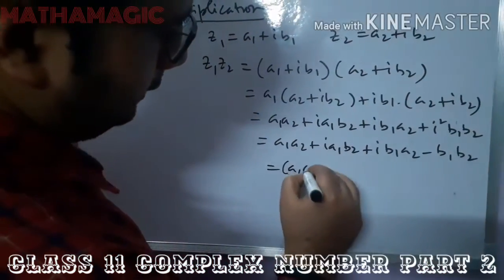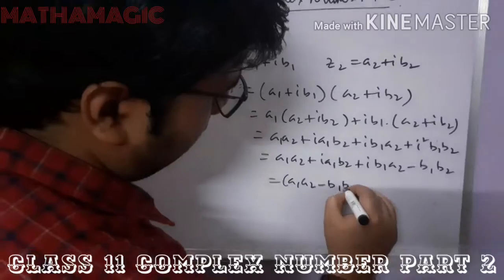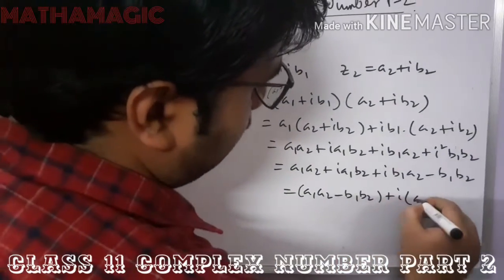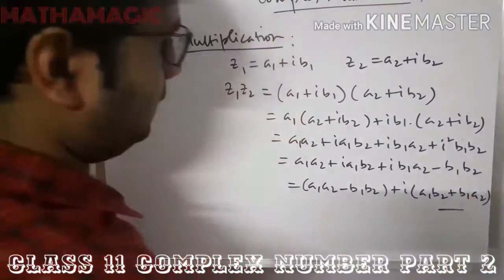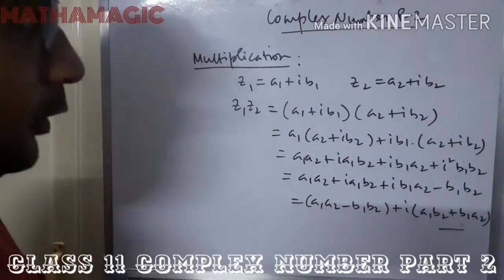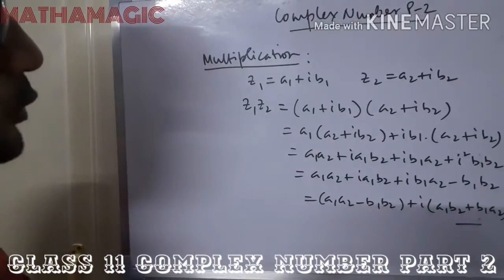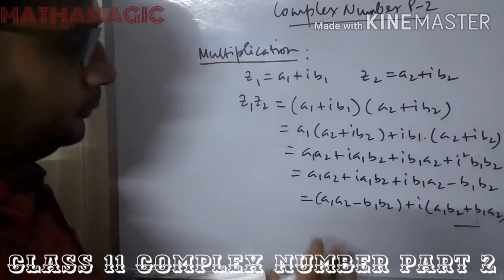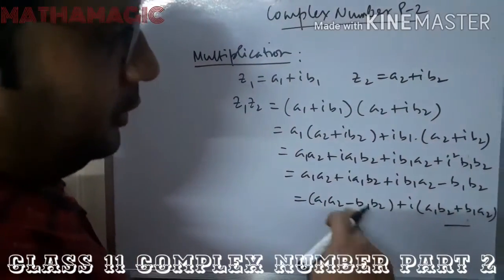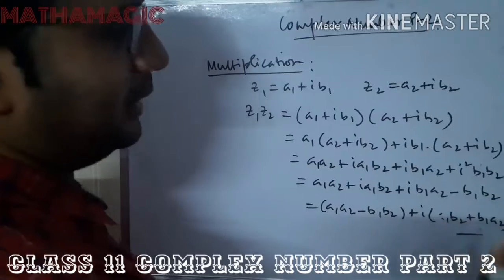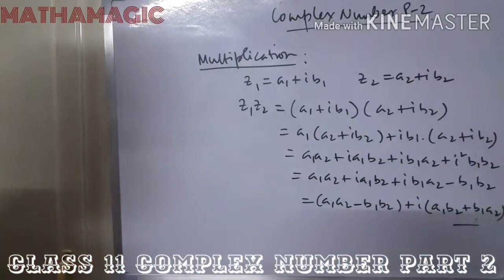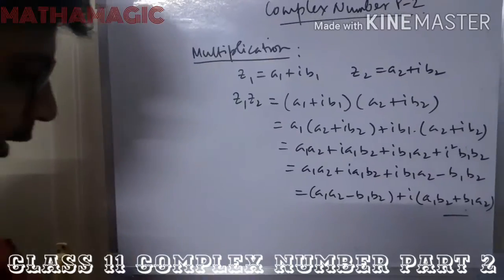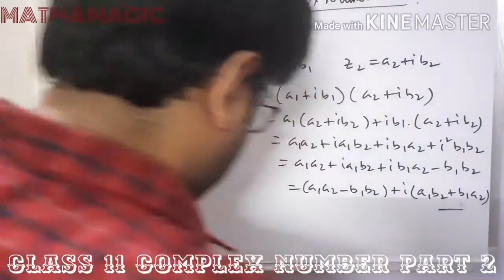So we can write it as (a1 a2 minus b1 b2) plus i into (a1 b2 plus b1 a2). So this is the result of multiplying two complex numbers. That is also a complex number because it is also in the form of a plus ib. It is quite visible.